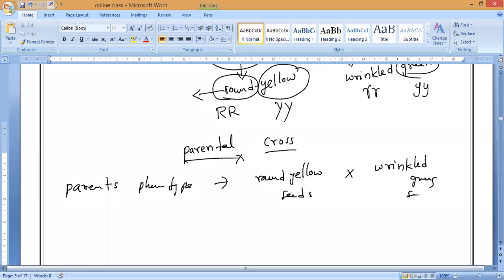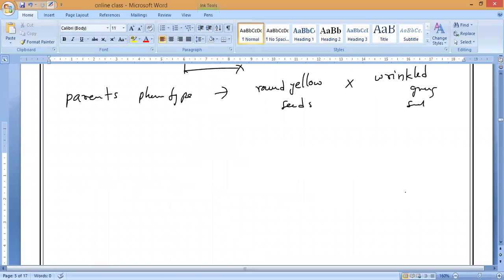Now, what are the factors of inheritance? Capital RR, capital YY, and here small rr, small yy.